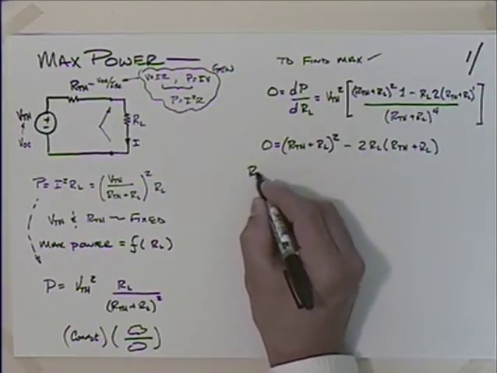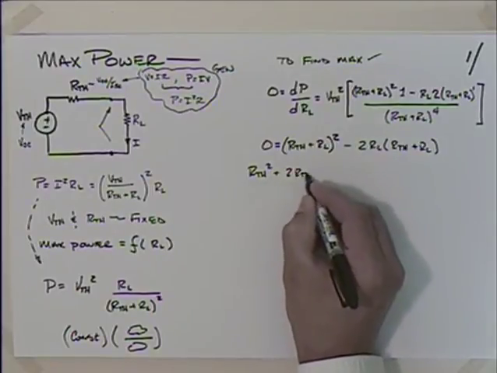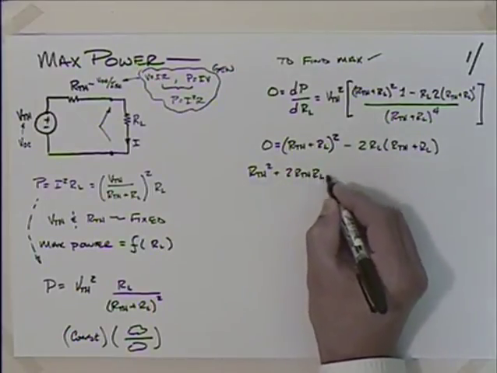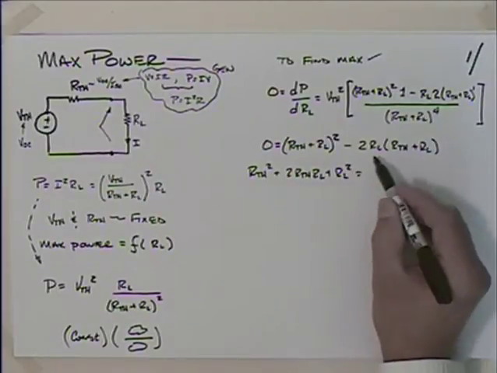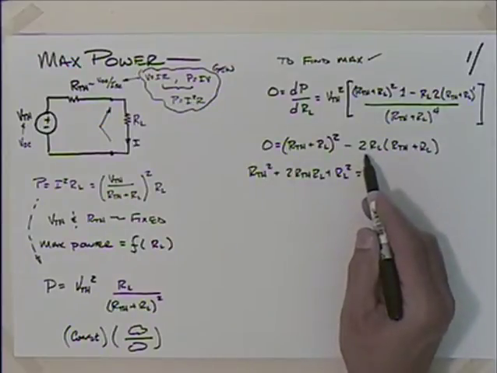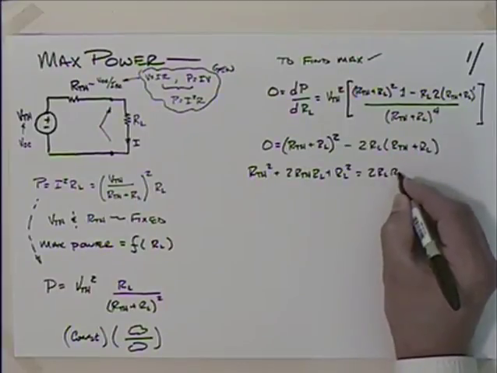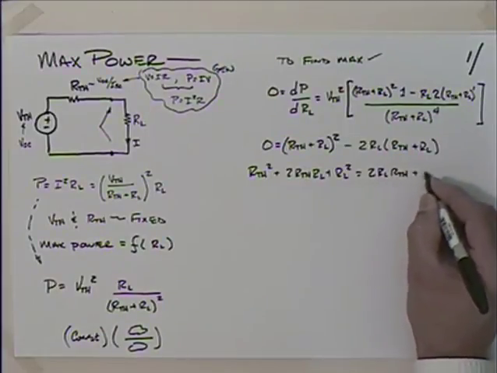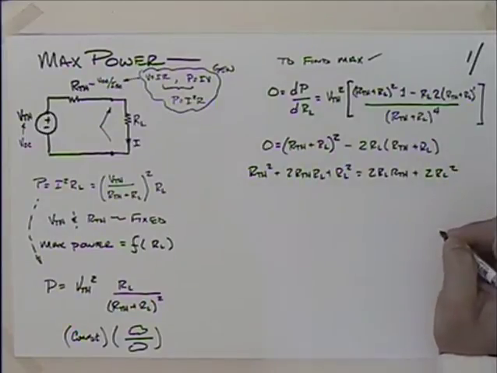So I'm going to say that I have R Thevenin squared plus 2 R Thevenin times RL plus RL squared is equal to this side over here, and because I moved that over, they both had a negative, so I dropped the negatives. I could just say that this is 2 RL R Thevenin plus 2 RL squared, right?